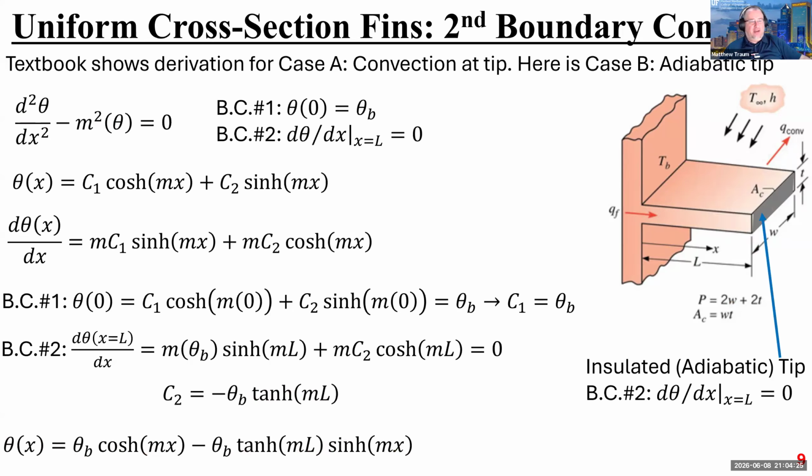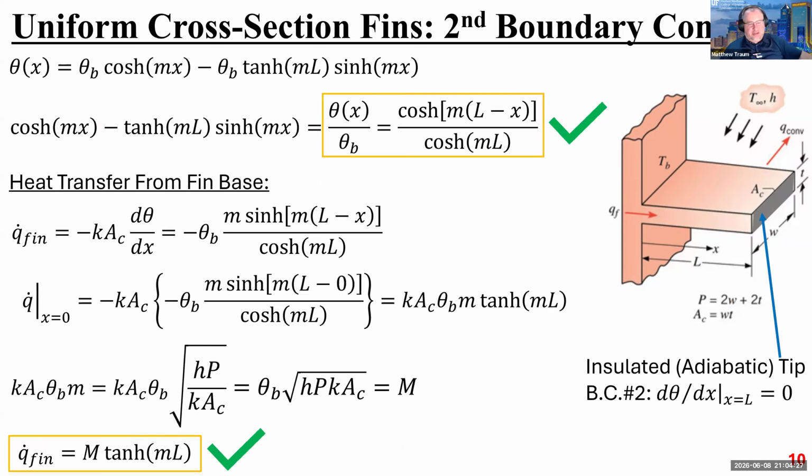Okay, so now that I've got that, I'm going to just use some clever hyperbolic trigonometric identities. I don't go through it because a slide would be required to show the derivation, but just trust, you could look it up, that this combination ends up equaling this combination: hyperbolic cosine of m times L minus x over hyperbolic cosine of ml.